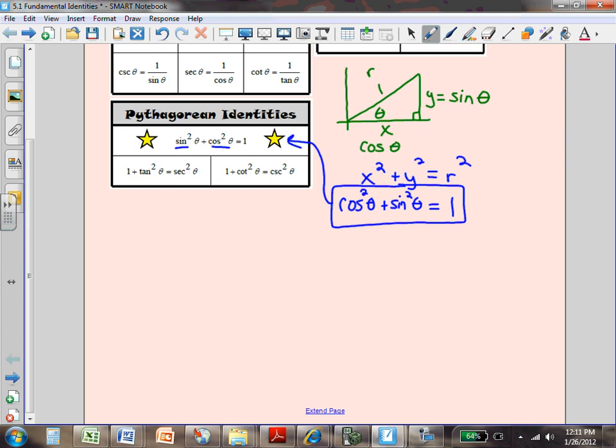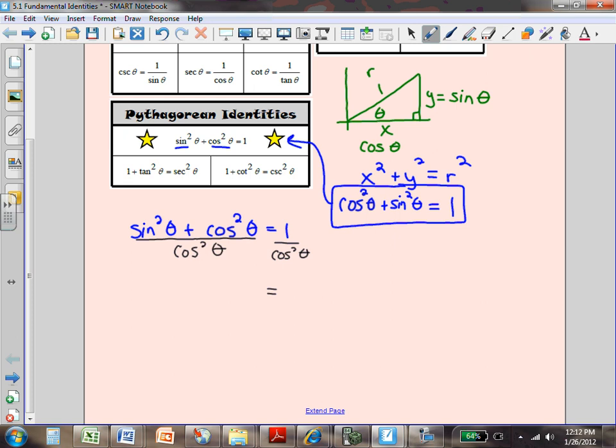Now the cool thing about these is that we can use this sine squared theta plus cosine squared theta equals 1, and we're going to do some stuff to it, and we're going to get even more identities, like the last two that you see. So now I take this and divide both sides by the cosine squared of theta. The right-hand side is a little simpler: 1 over cosine squared.